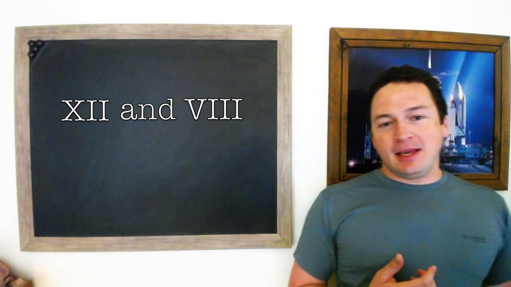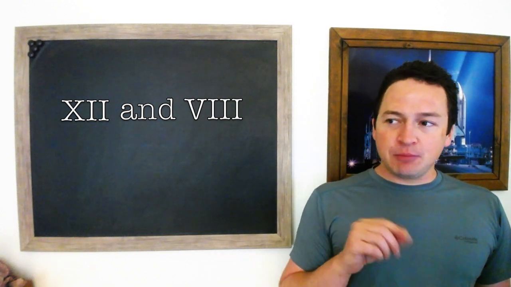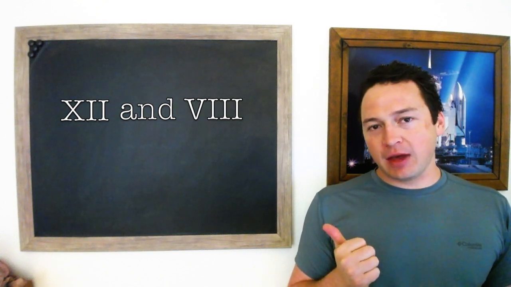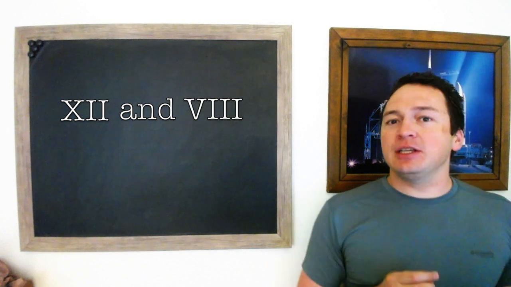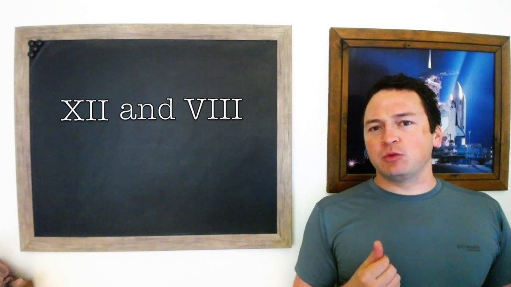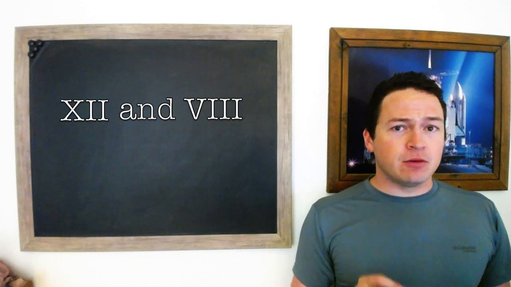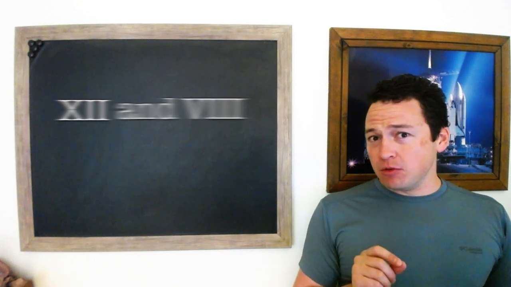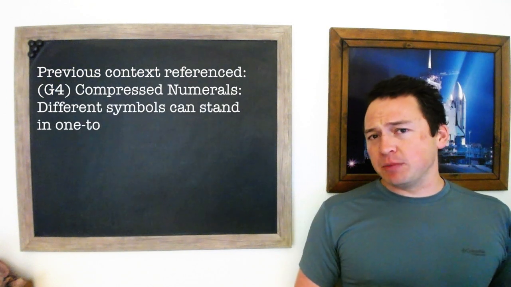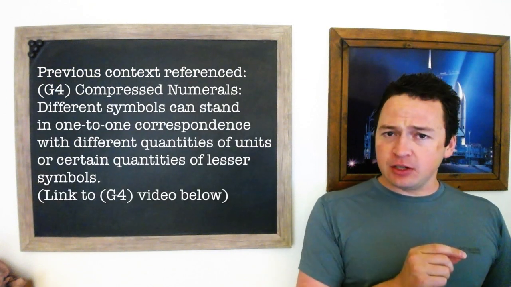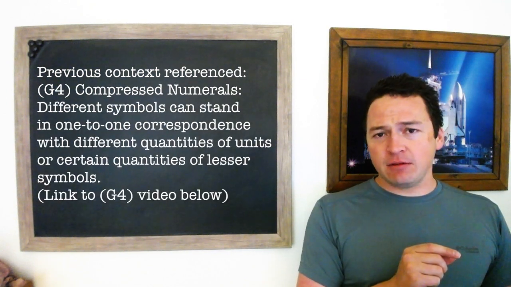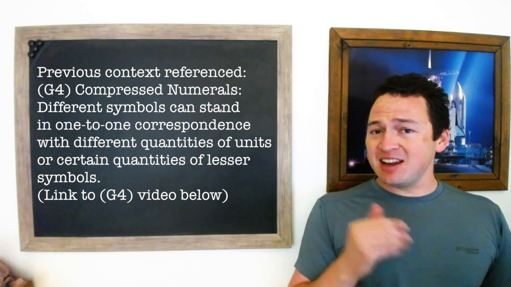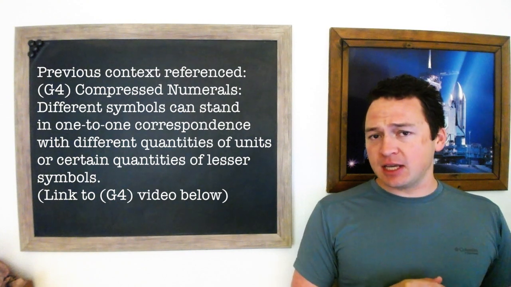So he simply writes the 12 and 8 in his Roman numerals. Now this isn't the best way to do it, but this is an appropriate way to represent the quantity. Remember from before, each Roman numeral stands in one-to-one correspondence with either a single unit of the thing you're trying to keep track of, or, in the case of V or X, a set number of units of the thing you're trying to keep track of.